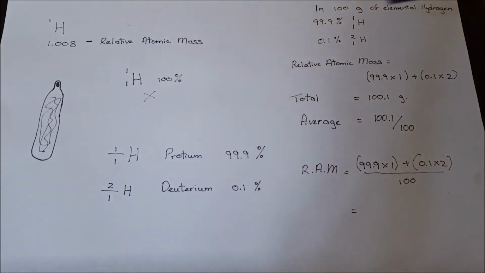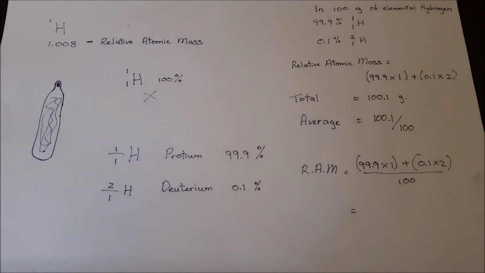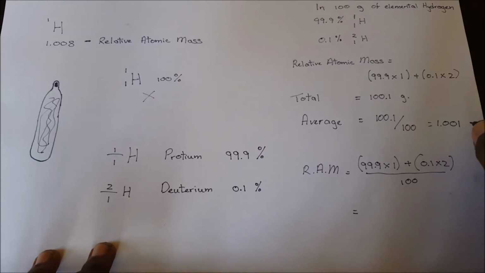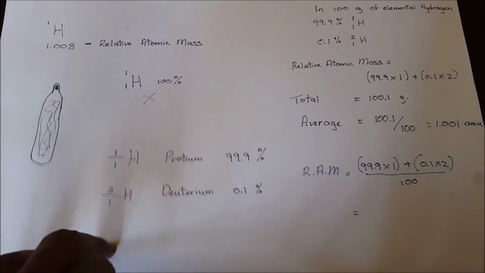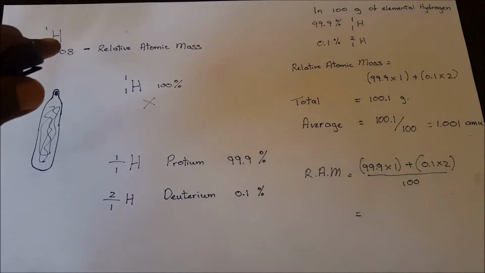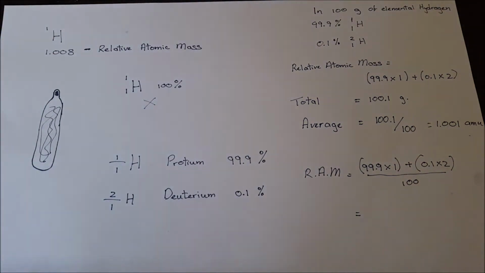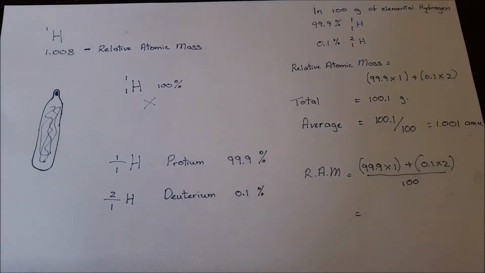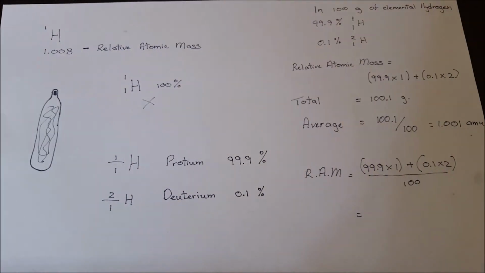And I said I had 100 grams before, so I would take 100.1 and divide it by 100. That would give me 1.001 AMU, atomic mass units, which is not far off from 1.008 atomic mass units, which I would have taken off of a periodic table of elements that I found on Google.